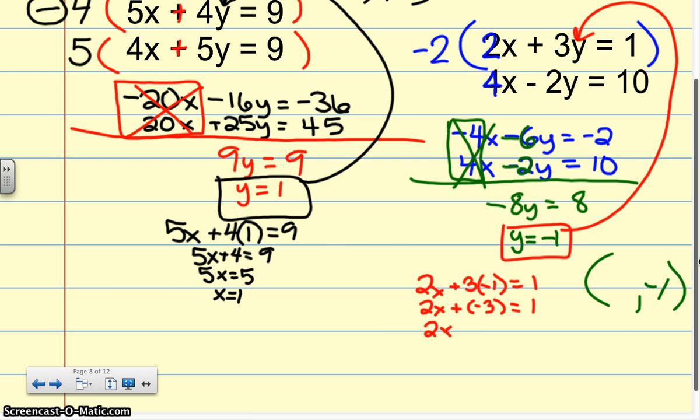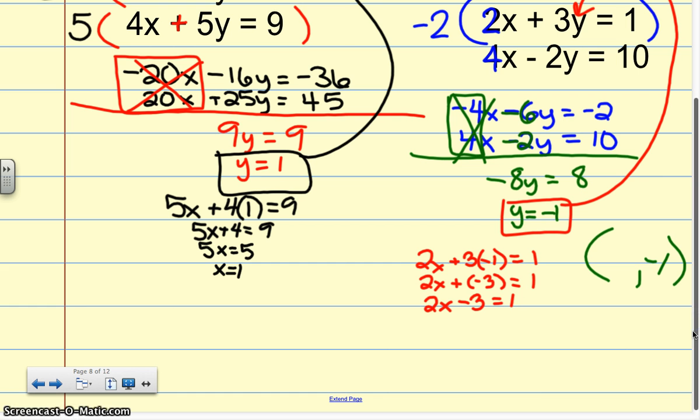I usually just write this as 2x minus 3 is 1. Add 3. 2x is equal to 4. X is equal to 2. So my solution to this system is 2, negative 1.